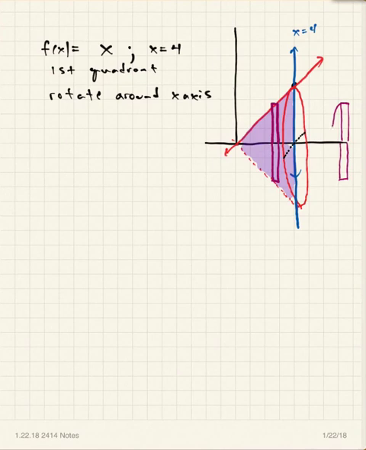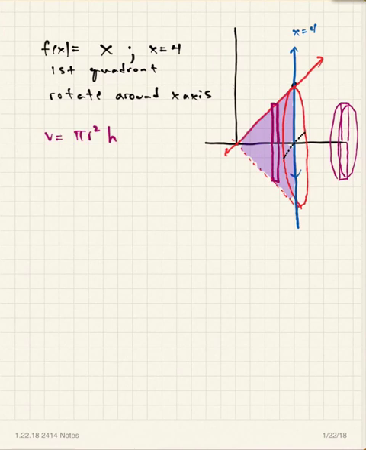Like this. Right, and that's the disk that we're generating off to the side over there. And so the volume, what I would always do here is write down volume is pi r squared times the height. So in our problem, the radius is just the function value.